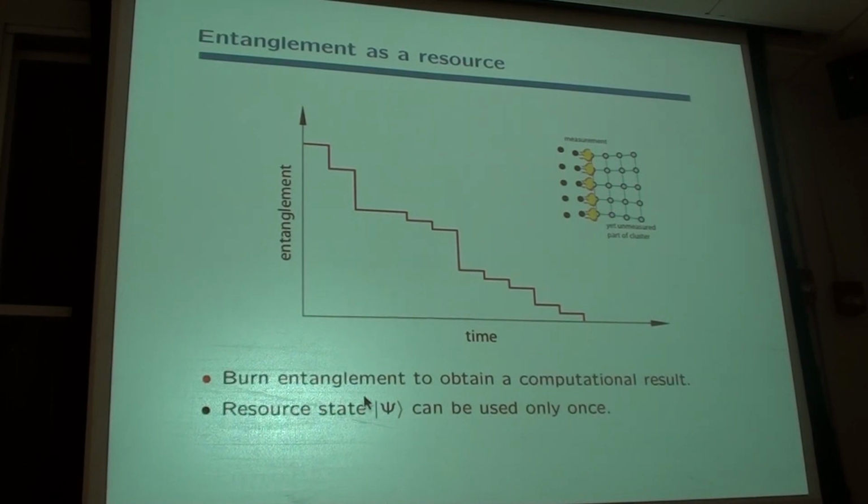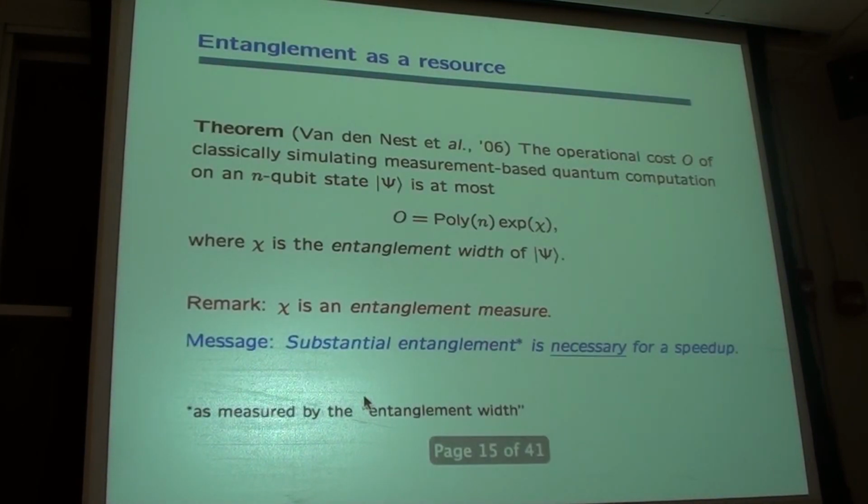Now, let's see, can this intuition be made rigorous? And yes, it can. There is a theorem due to Martin van den Nest, and what it discusses is the computational hardness of classically simulating such a measurement-based computation.